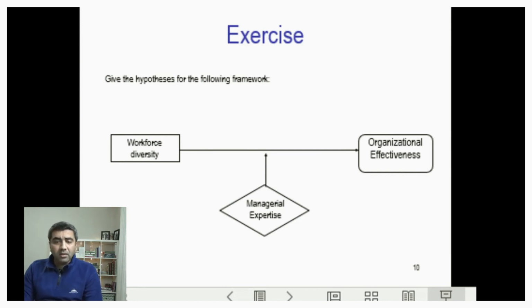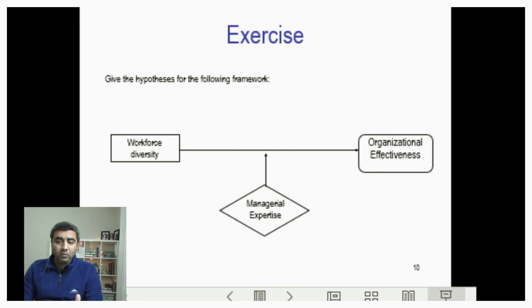Otherwise, they will remain untapped. So based on this scenario, organizational effectiveness is the dependent variable, which is positively influenced by workforce diversity, the independent variable. However, to harness the potential, managers must know how to encourage and coordinate the talents of the various groups to make things work. If not, the synergy will not be tapped.